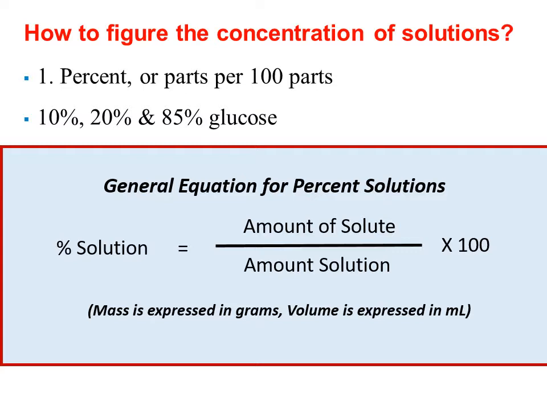Then you would add the remaining parts with water. You will bring the volume up to 100 to equal 100 parts. So therefore, you would have added 90 milliliters of water. Be able to calculate 20% and 85%.